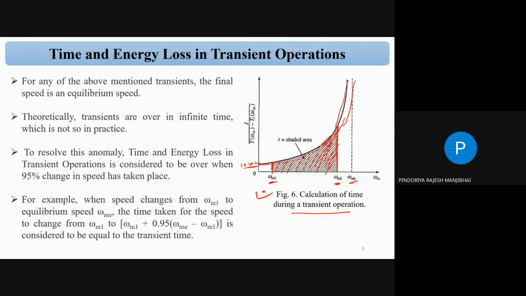You can see the equation on the y-axis is J upon T omega m minus TL into omega m. Just 1 minute. Somebody wants to join the class.